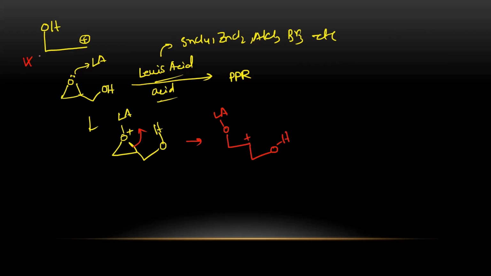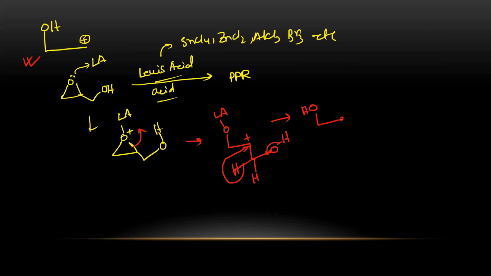Now we find the same condition: OH at the adjacent position, carbocation. Then what will happen? Here both groups are hydrogen, so hydrogen will migrate to this center. Our final product, with workup, the O Lewis acid will be OH basically.